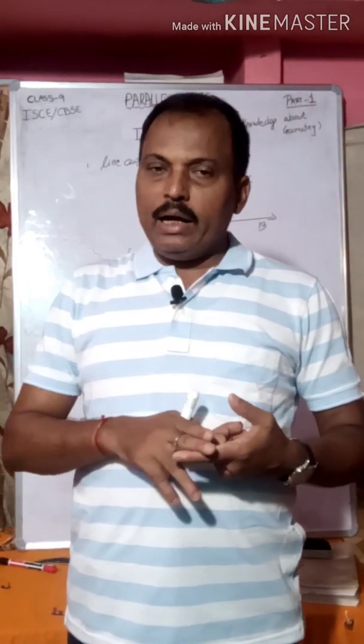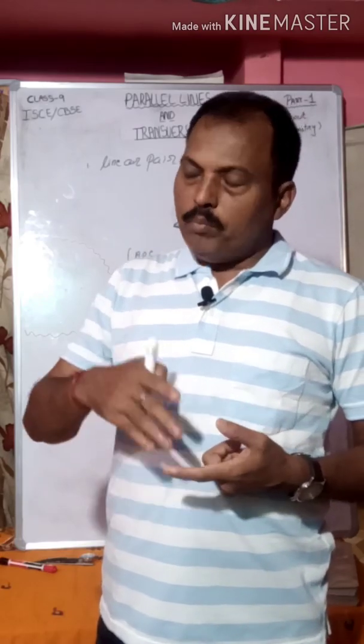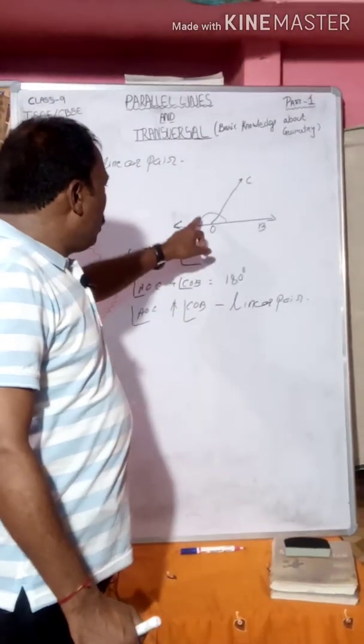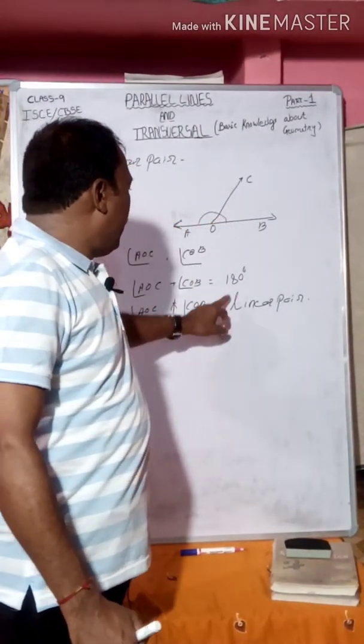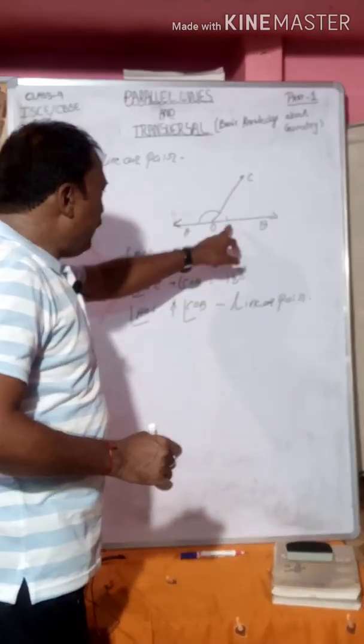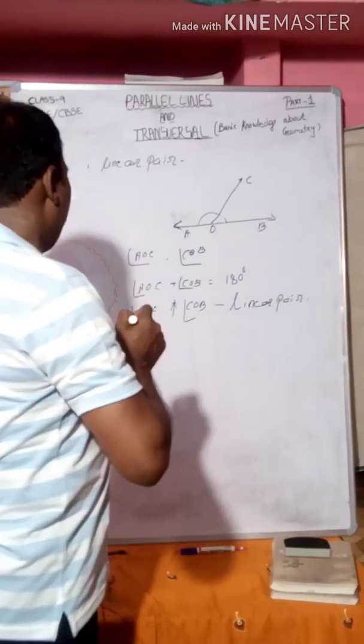Likewise, if the sum of two angles is 180 degrees, one angle is called supplementary to the other. Now look here, the sum of two angles is 180 degrees, so AOC and BOC are supplementary to each other.